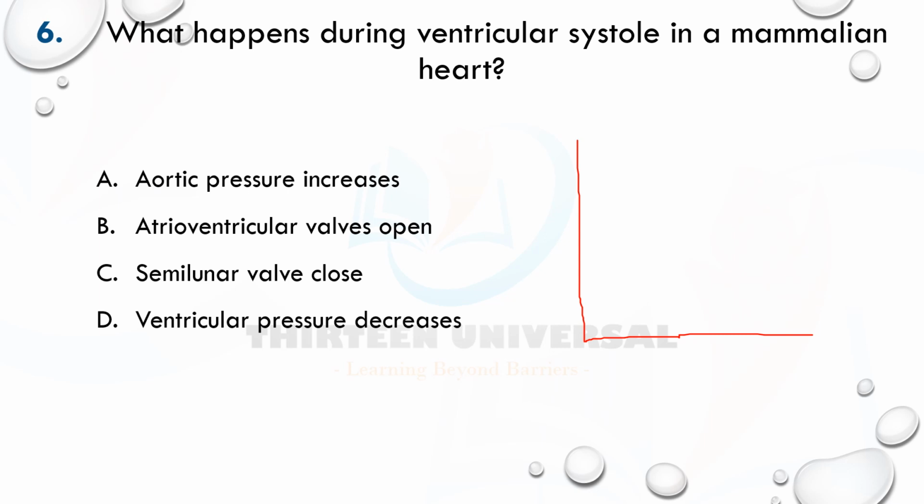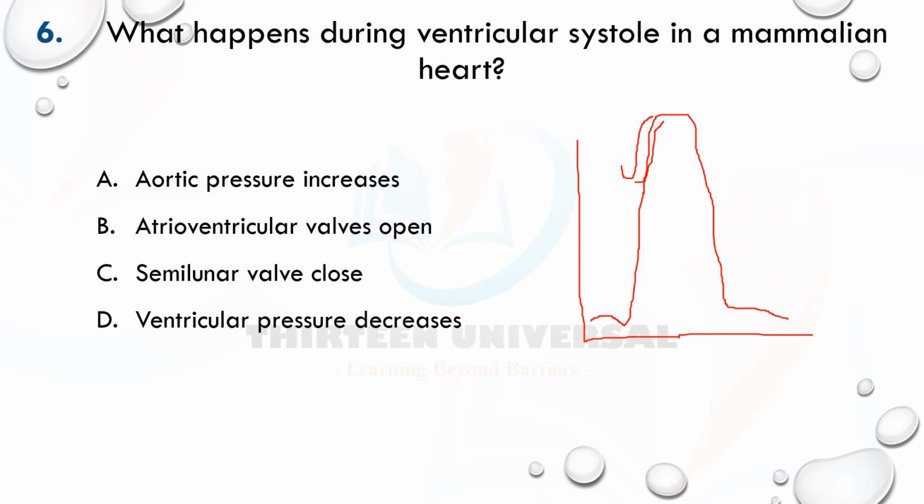Okay, remember this graph, atrial, and then this is ventricular, this is left side of the heart, and then of course this is diastole, and this is the aorta. Okay, let me start from here.